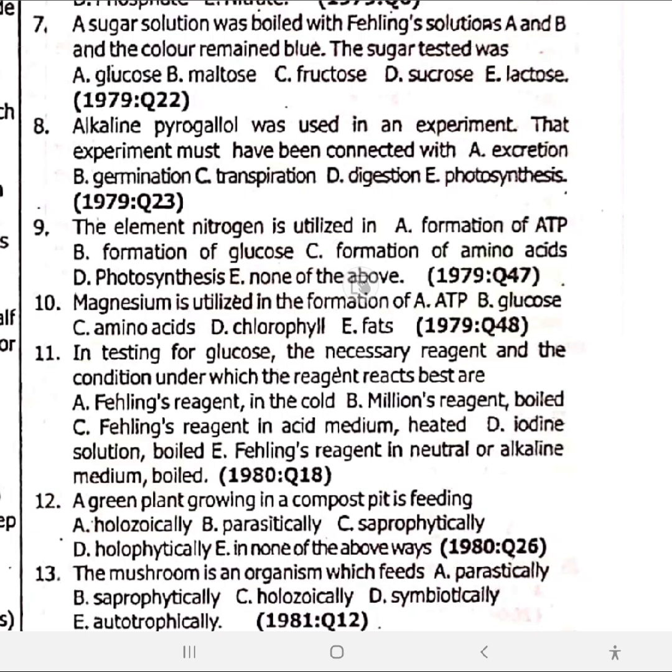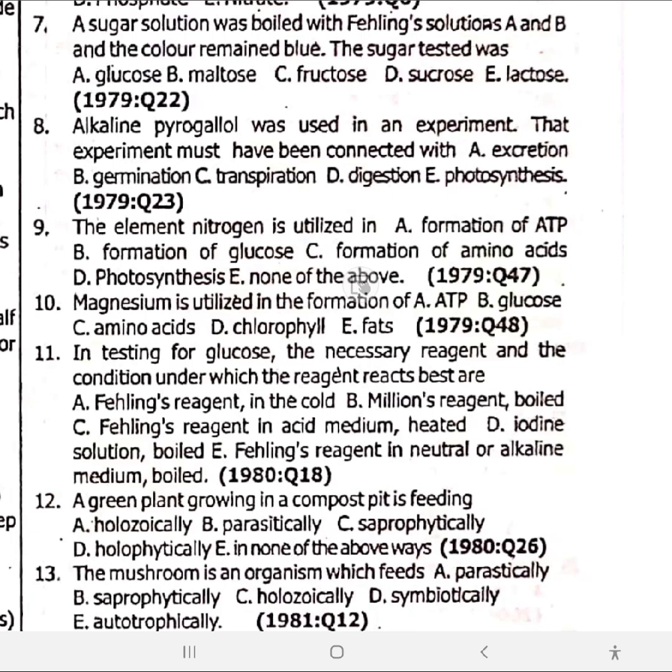Next point, right. Magnesium is responsible mainly for the formation of chlorophyll. Next, iron is also responsible for the formation of chlorophyll. Next, potassium is responsible for cell formation and regulation of certain cellular activities. And lastly, calcium is responsible for cell wall formation, neutralization of organic acid, and activation of certain enzymes.